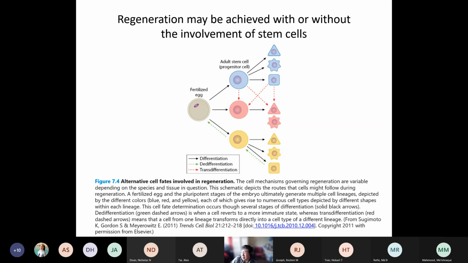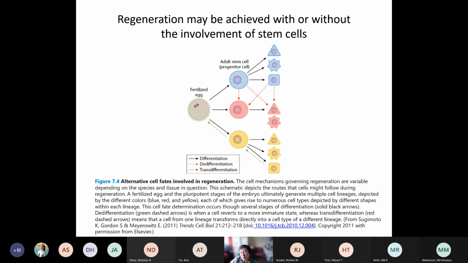As you will see later on, sometimes the epithelial cells can become bone cells. That's a huge change of cell fate, but naturally that can occur. So that's called transdifferentiation. That means one somatic cell becomes another somatic cell. Sometimes we can also use the same term to describe one adult stem cell becoming another type of adult stem cell.